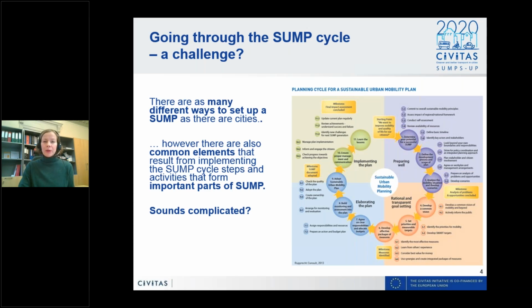So we always mention that there are as many different ways to set up SUMPs as there are cities. And it's very important that the plan is designed so that it reflects the local needs, capacities, and the specific planning context. However, there are also common elements that result from implementing the SUMP cycle steps and activities that form an important part of the SUMP.